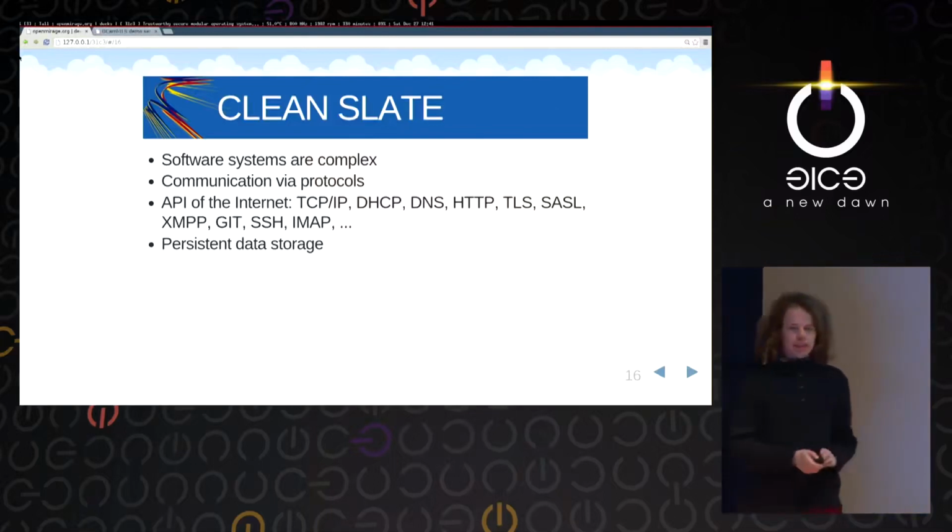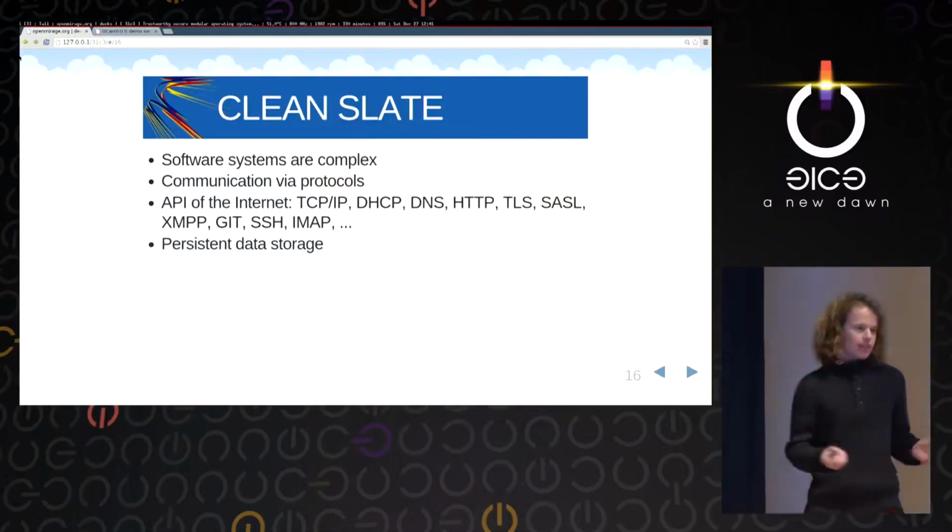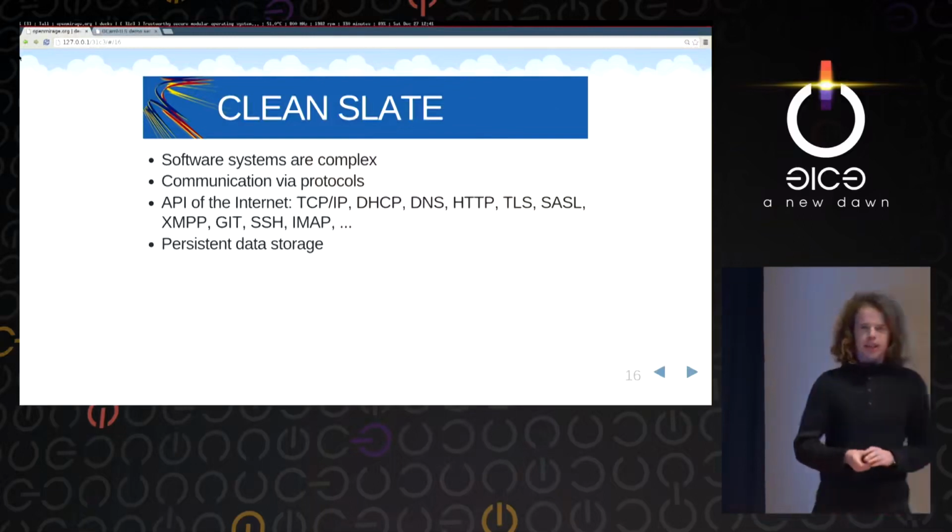So, software systems are complex. Yes, today's communication interfaces are complex because we have a variety of computers. But fortunately, the communication is done via protocols, which are more or less standardized or formalized by the IETF and so on.